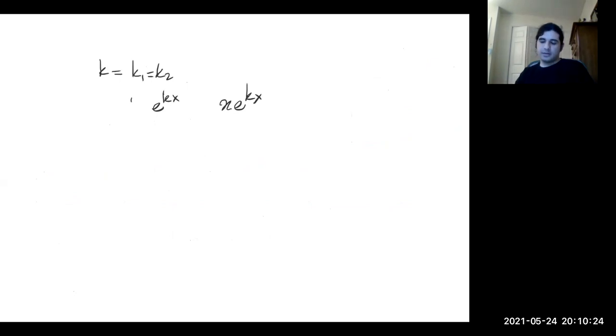Therefore, if k1 is equal to k2, let's call that k, e to the kx is a solution. x times e to the kx is also a solution. So this is one solution, and this is the other solution. These two solutions are linearly independent.